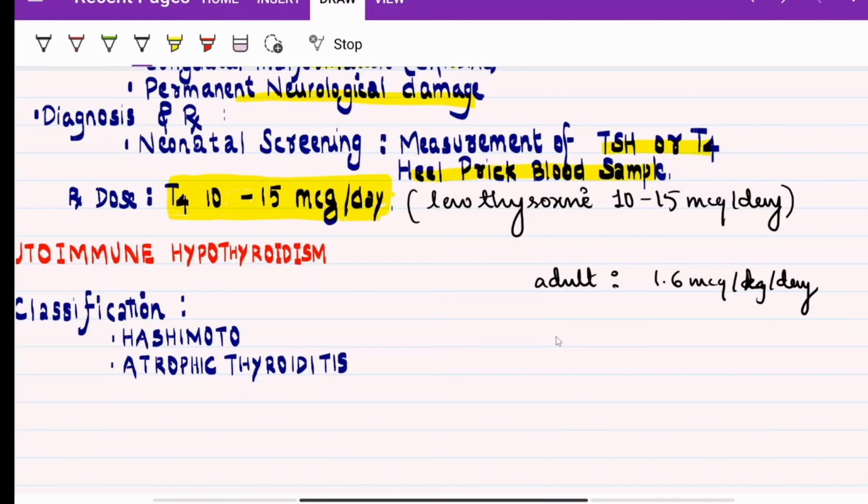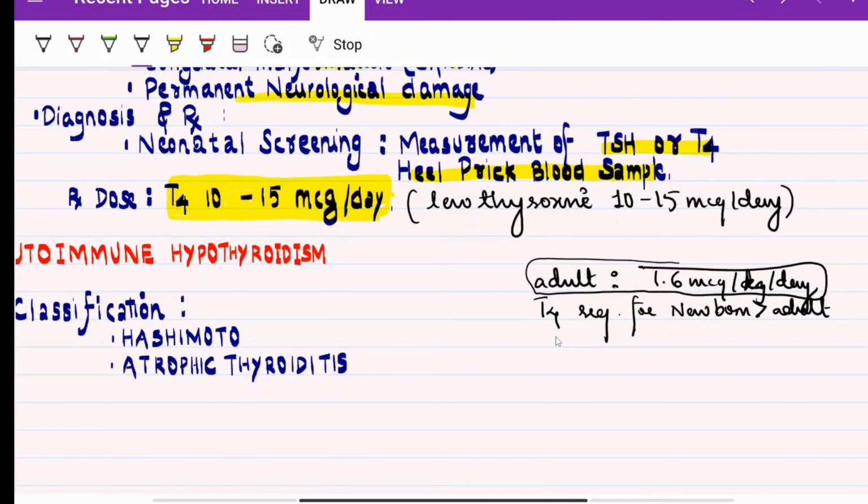Why? It's because the T4 requirement for a newborn is more than for an adult.